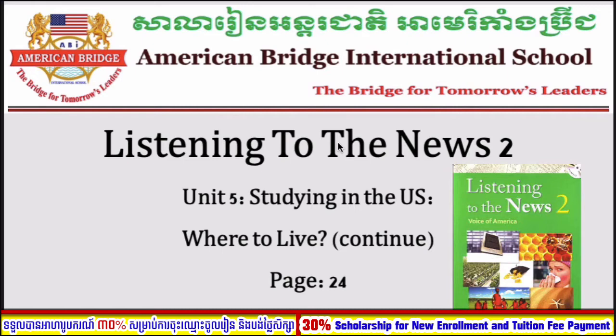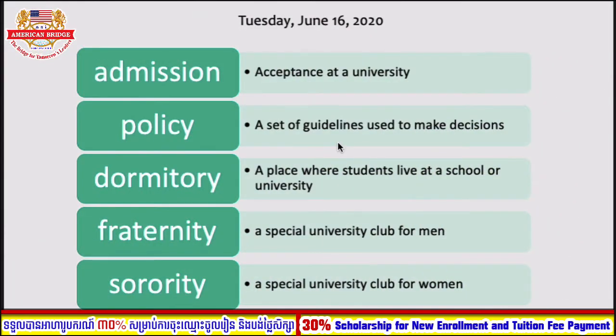Before we move on to the main lesson for today, which is about the listening activity, I would like to draw your attention to some of the vocabulary that you have studied previously. Here there are, how many words, everyone? Yes, there are 5 words, and they are very important key terms to understand the culture of American universities, because sooner or later you will graduate from high school and continue to study at university.